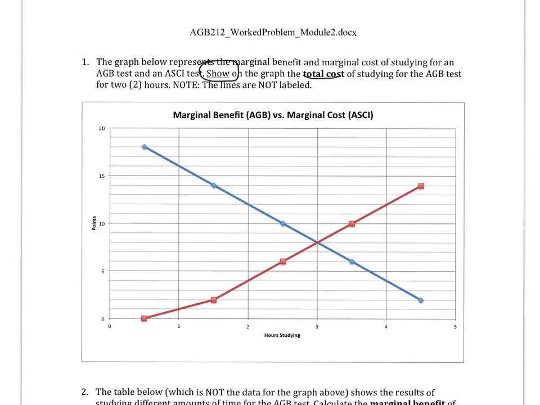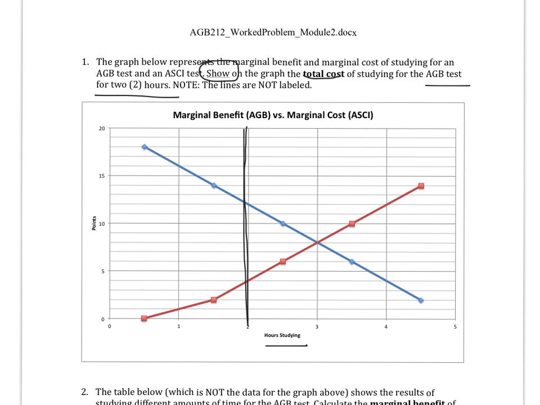So again, I'm giving you a particular situation to address. So obviously we have our studying on the horizontal axis. So we are going to be dealing with a particular kind of slice of the problem.